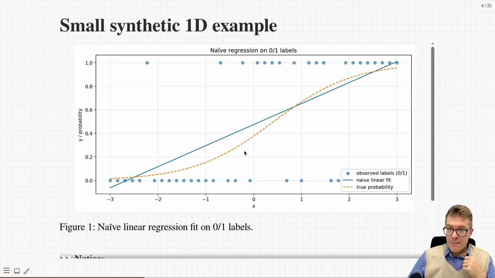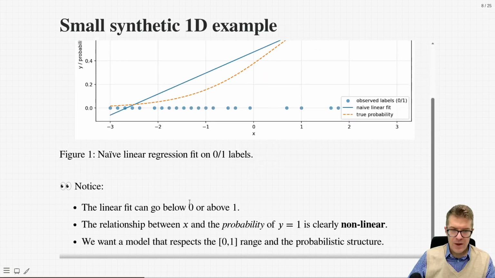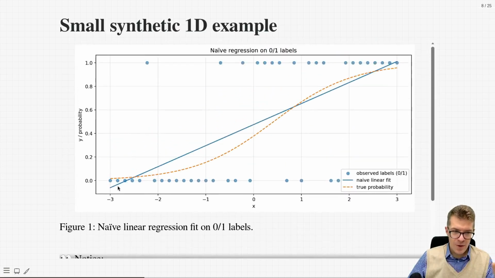We have the true probability, which I estimate through this orange curve over here, and then I have the naive linear fit, which we obtained from doing the least squares linear regression we saw in the previous module. As you can see, as I mentioned before, this line down here is extending below 0. So does it really make sense that when x is -4 or less, probabilities of less than 0 are possible? No, certainly not. And also the line will keep on extending upwards beyond y equals 1.